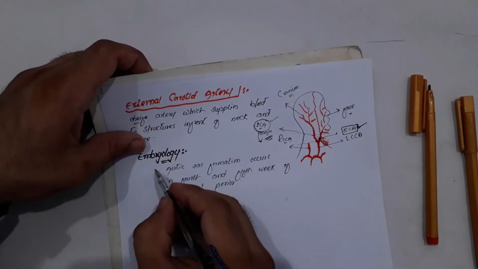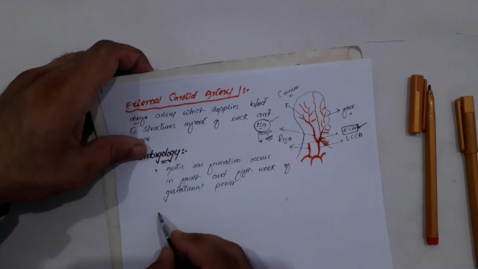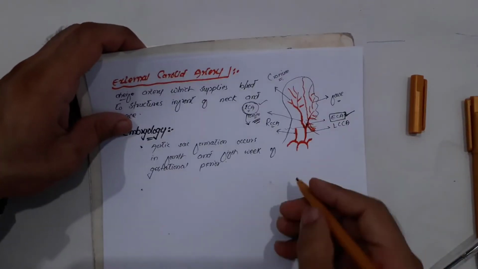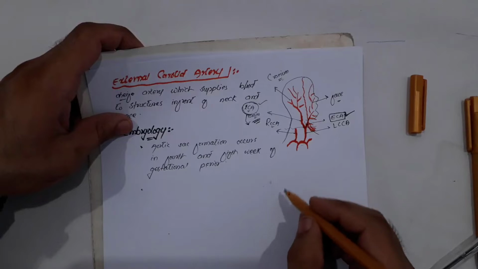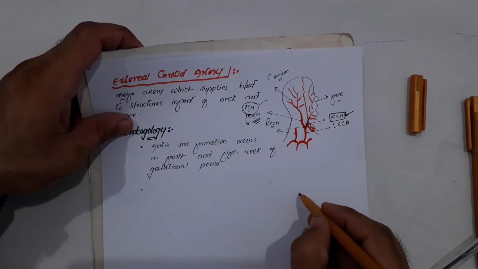Okay. The next important point, the aortic sac. Let me make the diagram here. For example, friends, this is our aortic sac.